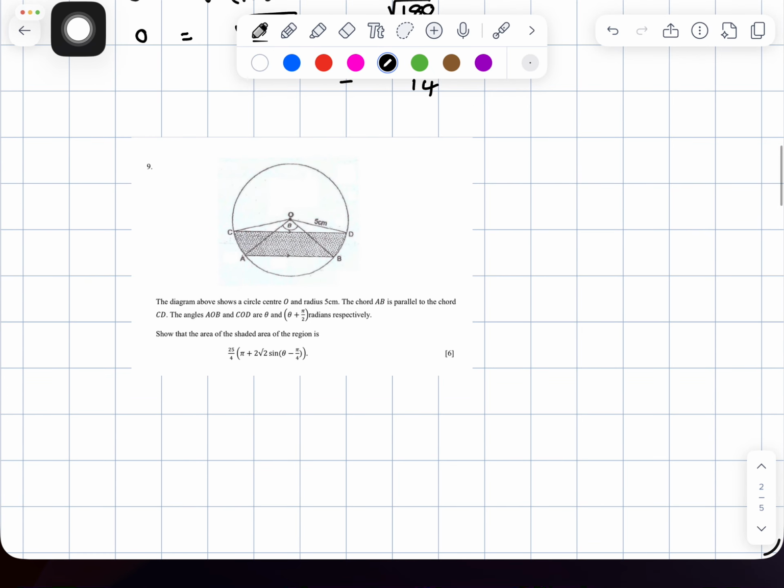Area of shaded region is going to be equal to area of, right? So I am going to consider this segment first, this segment. Then I am going to subtract this segment.